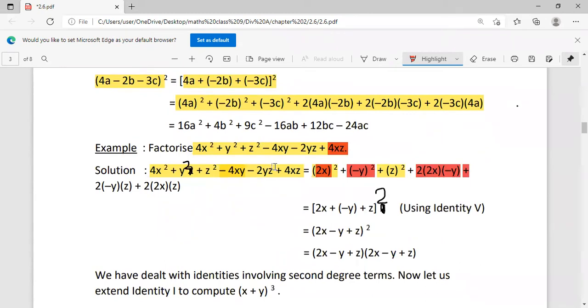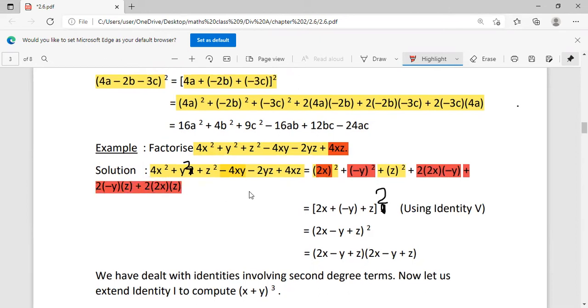Now, similarly, we are splitting minus 2yz as 2 into minus y into z, and the last term is being written as 2 into 2x into z. Okay. Now we can compare this equation with our fifth identity, and we can easily write it as 2x plus minus y plus z whole square.